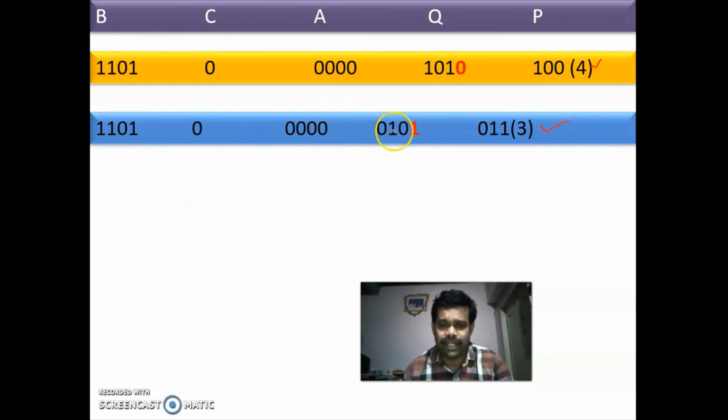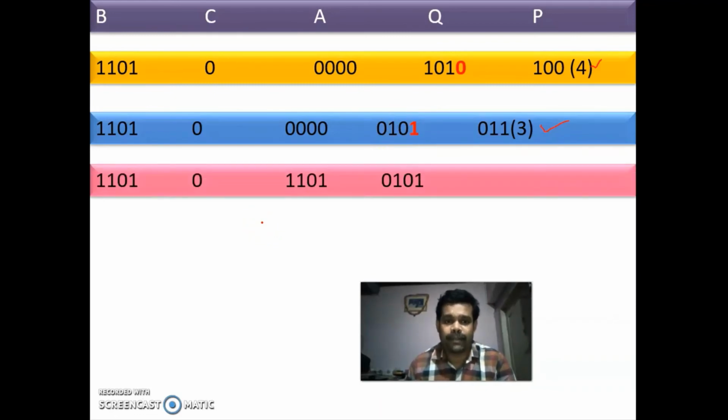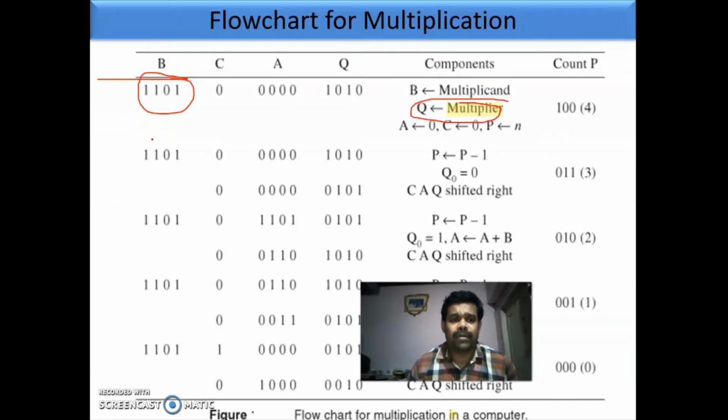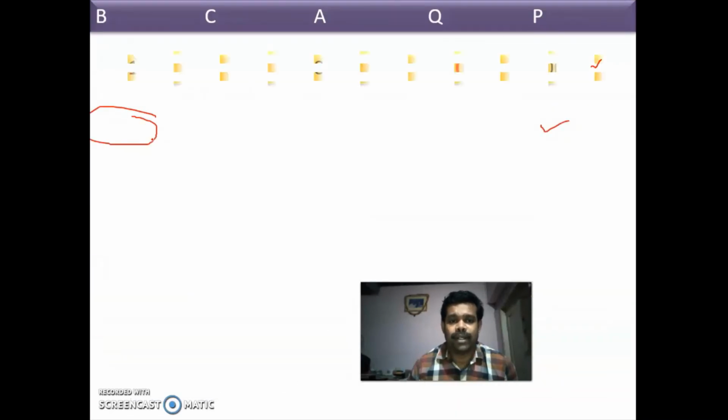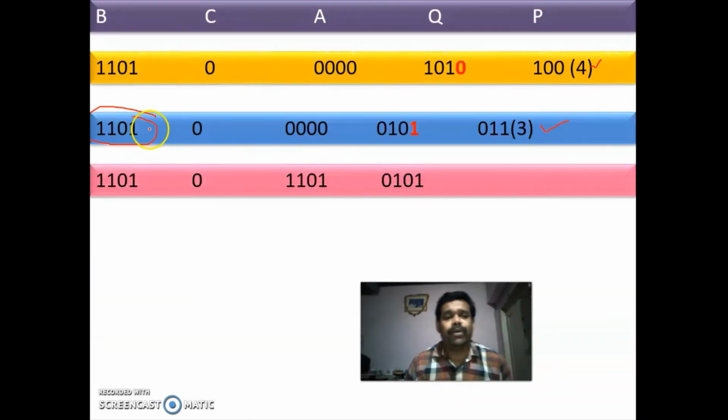Next, you check the next bit. Here it is 1. So you have to add the multiplicand to the partial product. So 1101 plus 0000 you will get 1101.